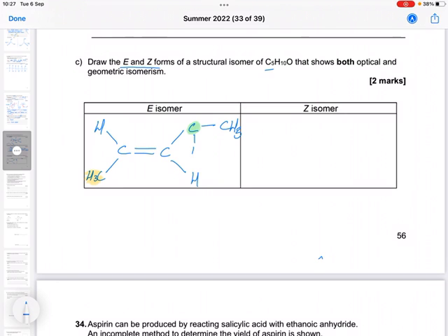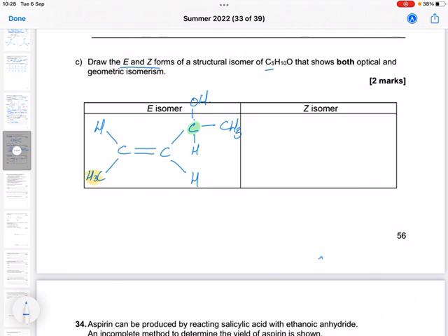So hydrogen and an OH, and let me just check that all that adds up. So 1, 2, 3, 4, 5 carbons, that's fine. 3, 4, 5, 6, 7, 8, 9, 10 hydrogens, that's fine as well. And 1 oxygen with the alcohol. So yeah, all that is fine, and that is the E isomer.